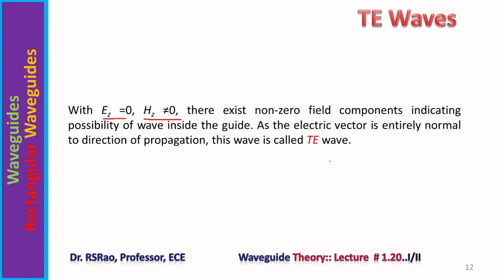This wave is called transverse electric. Why is it transverse electric? This is the direction of propagation, Z. Transverse electric means the electric vector is entirely normal to the direction of propagation. This is E, with Ez = 0, so no component along the Z direction. Hz not 0 means H may be like this, having a component along the Z direction, and it may also have a normal component.